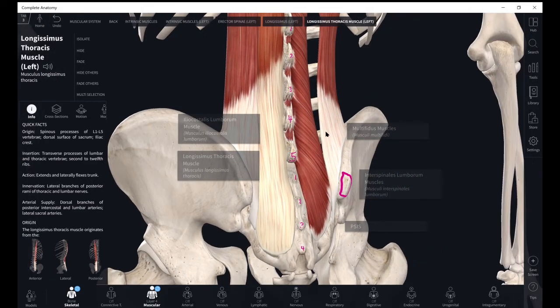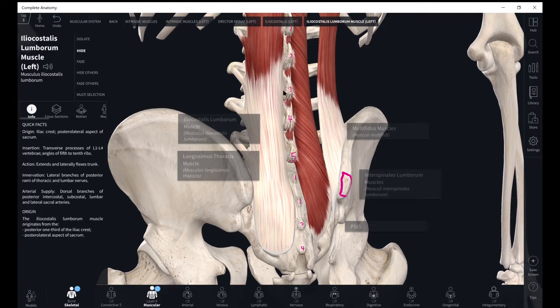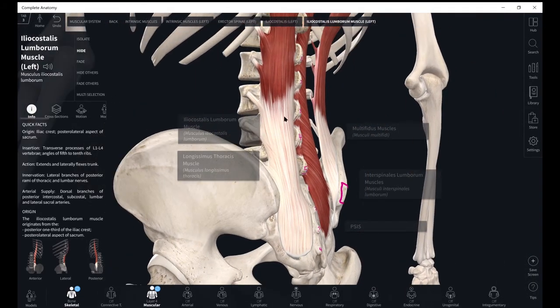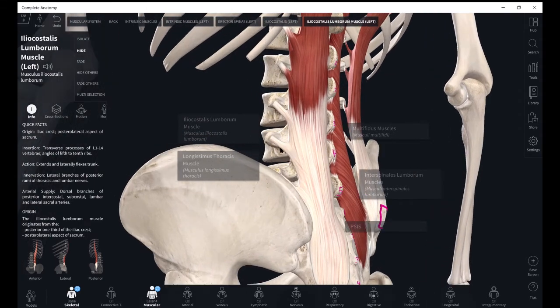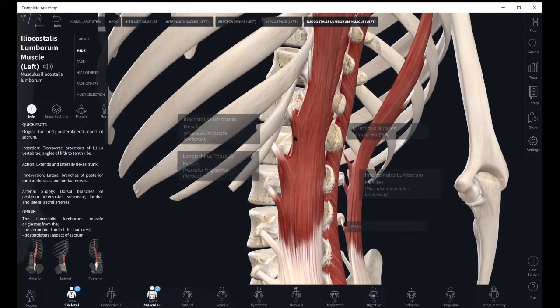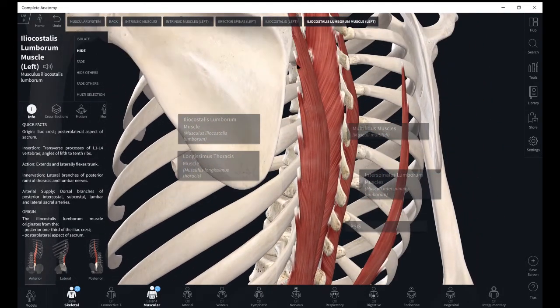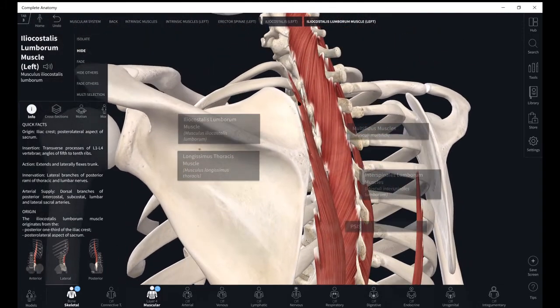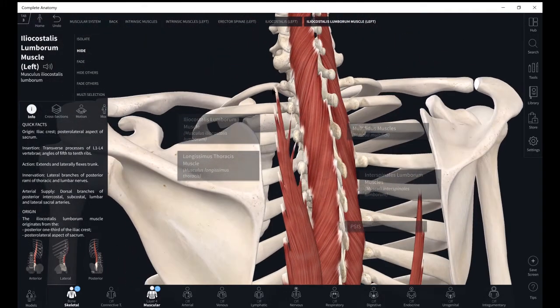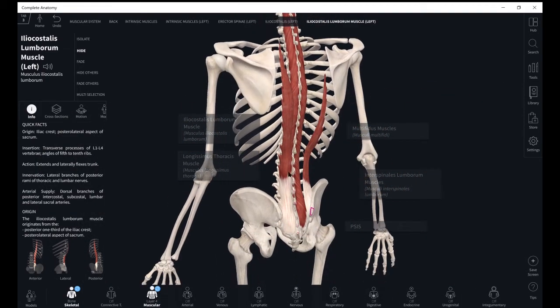And so let me take and hide iliocostalis here so that we can see where it actually inserts. And then again, transverse processes coming on up and onto the ribs themselves. And we'll see as we get into the thoracic spine, they continue on up as well, all the way to the first rib. So as the name implies, it's a long muscle.